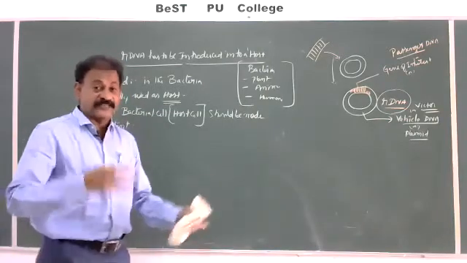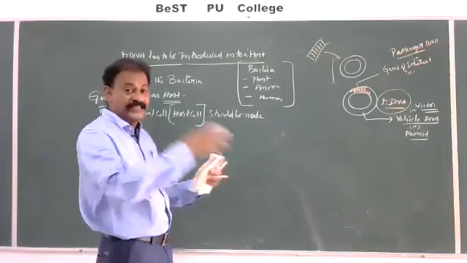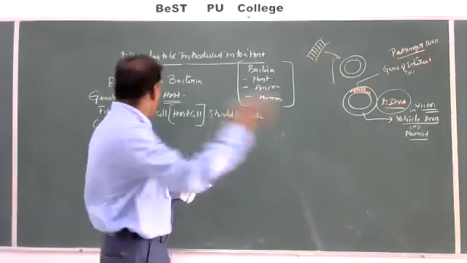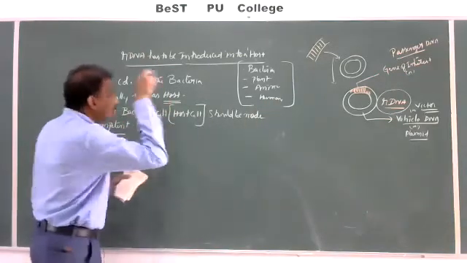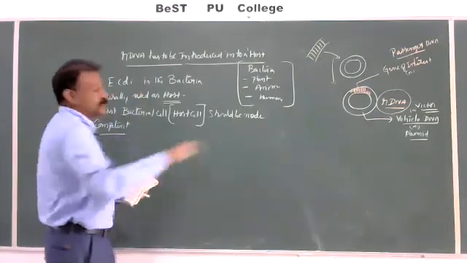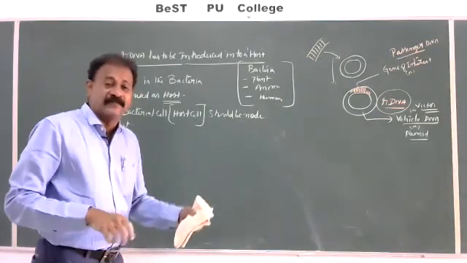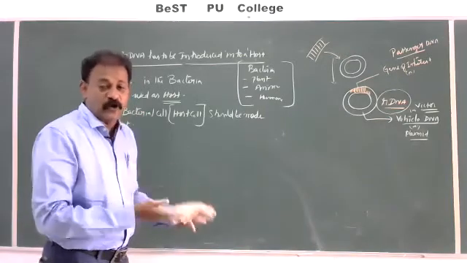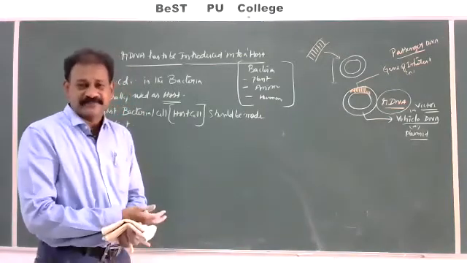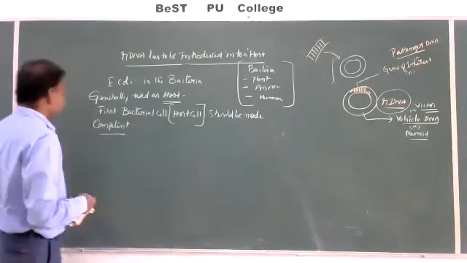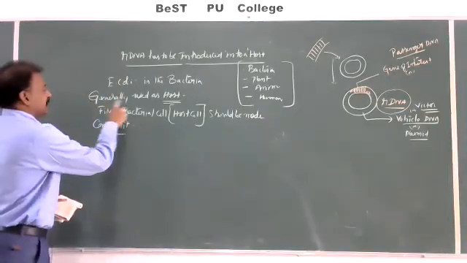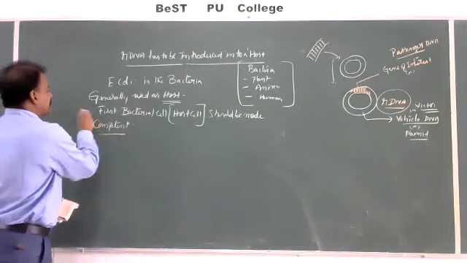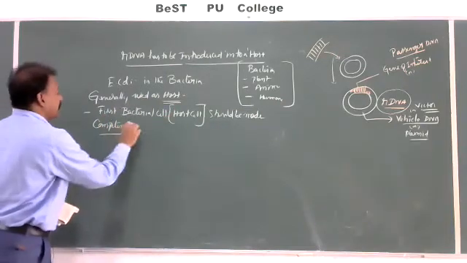And there are various methods to send, to transfer, to incorporate, to introduce DNA into the host organism. Direct method, indirect method, micro injection, electroporation, biolistic guns, so many are there. Here, E. coli is generally used as host, and first the bacterial cell should be made competent.